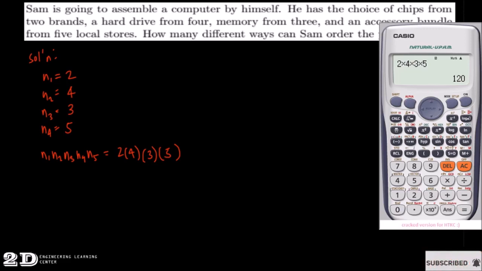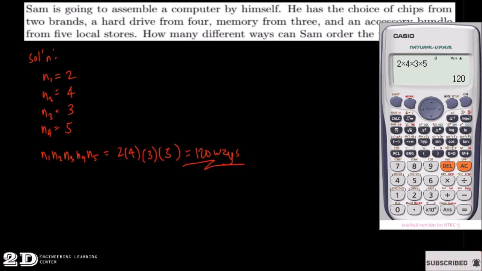So he has a choice of 120 ways. There are 120 ways he could order the parts of the computer that he is going to assemble.